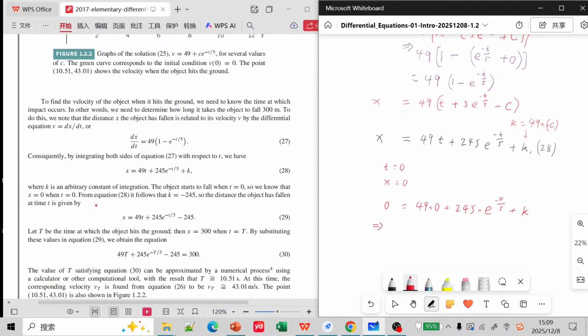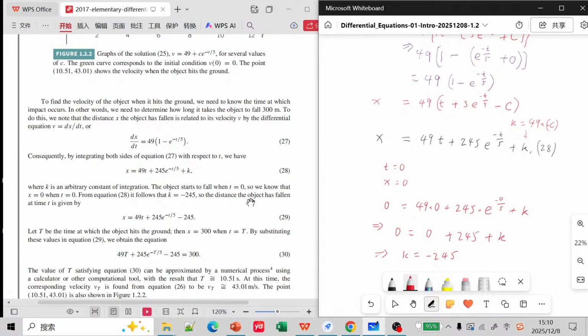And then we can get this thing is 0 and this term is 1, so this 245 and this k. Yeah. So next we can get k is equal to minus 245.